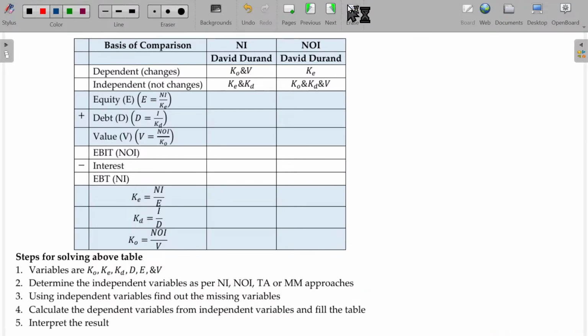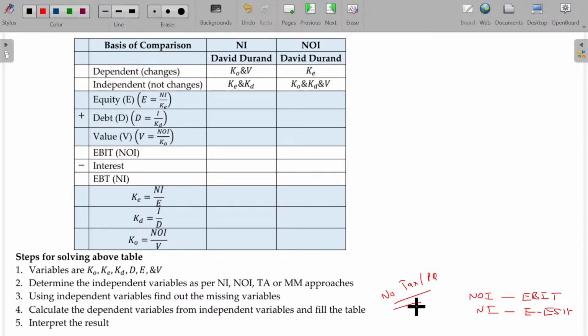NI. Okay. So, in simple, NOI is nothing but EBIT. NI is nothing but earnings available to the equity shareholders. No tax, no preference dividend.